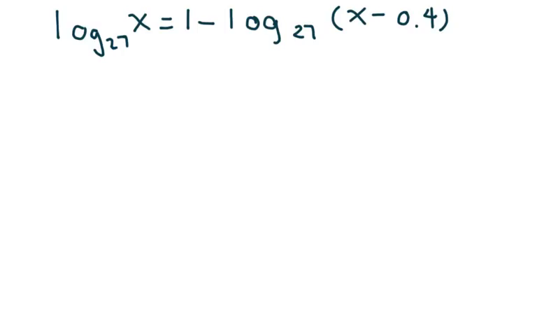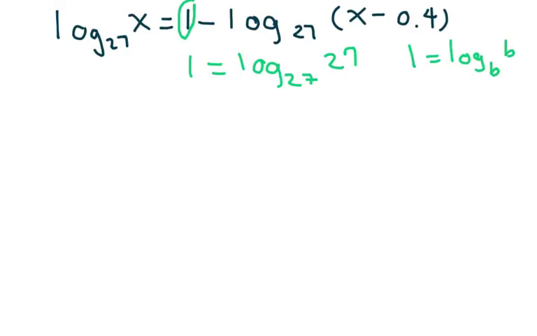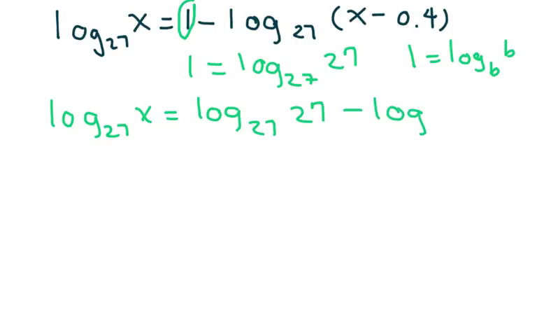I just change this 1: 1 equals log base 27 of 27. That's just our identity. So I'm going to go ahead and rewrite this. If you want to do it a different way, that's fine. Use your formula.